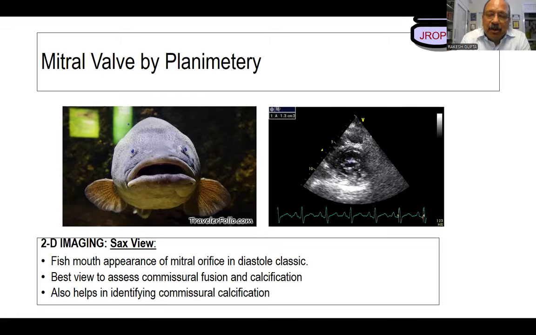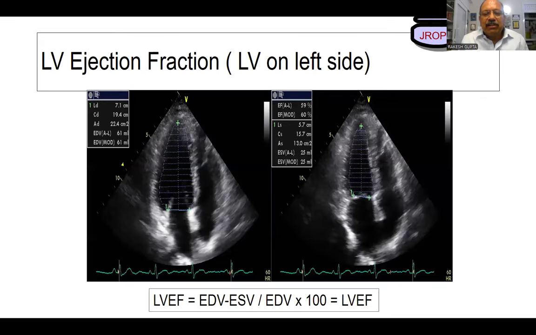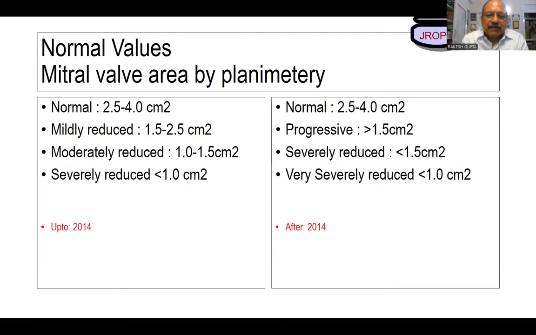If you remember when we talked about views, we go from aorta to mitral valve to papillary muscles to apex. In these cases, we go from papillary muscles to mitral valve, so the first structure which we come across is the mitral valve leaflet tips.